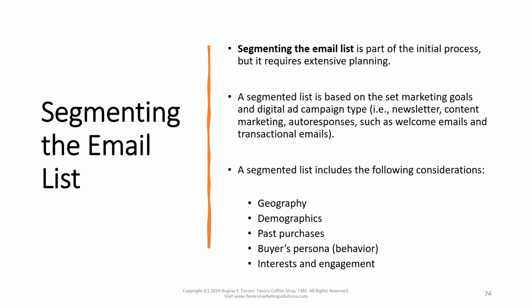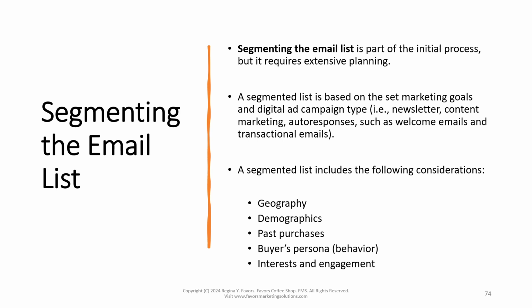Segmenting the email list is part of the initial process, but it requires extensive planning. A segmented list is based on the set marketing goals and digital ad campaign type. So whether you're going to use a newsletter or content marketing, auto responses such as welcome emails, transactional emails. A segmented list includes the following considerations. That's your geography, the community that you want to sell to.